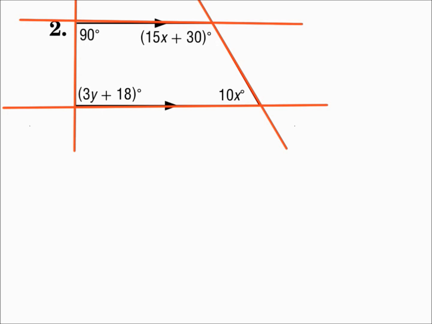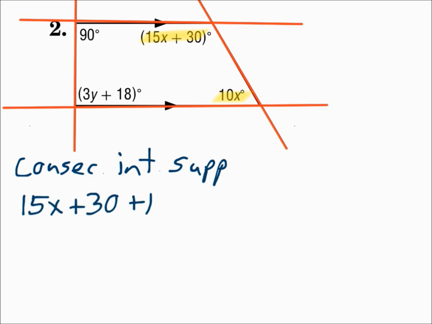Look at the x angles first. Those are on the right-hand transversal. Those are inside the 2 lines, and on the same side of the transversal, those are consecutive interior angles. And they're supplementary, so those angles add up to equal 180. Remember, consecutive interior angles add up to 180.